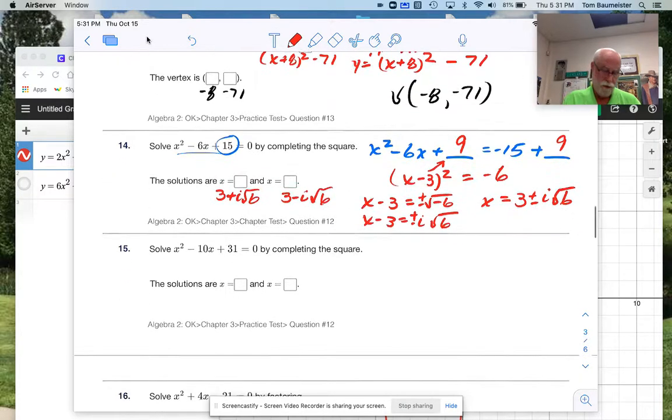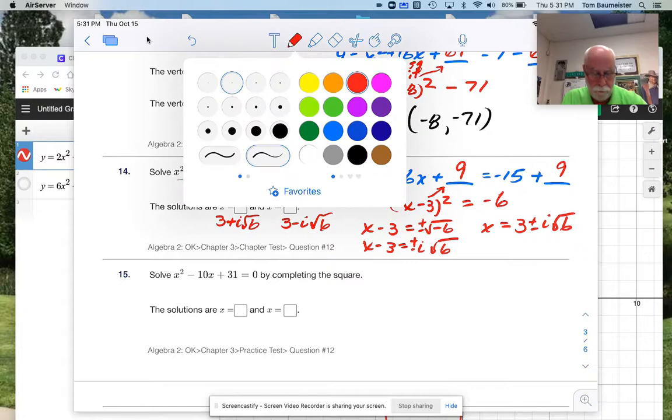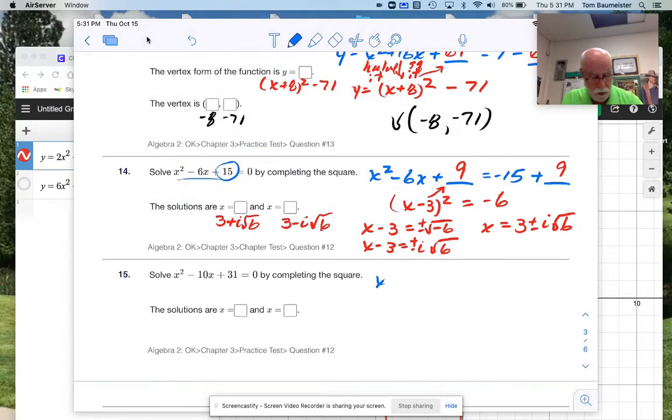Okay, 15 is the same. Okay, so we're going to do the same thing as we just did there. So x squared minus 10x. I'm going to add a blank. I move the 31 over to the other side, so it becomes negative 31. And I'm going to add a blank.